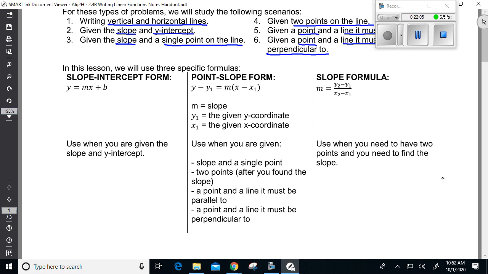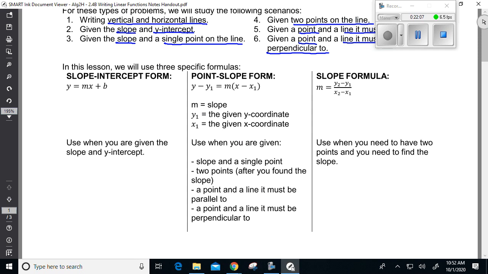So, in this particular lesson, we're going to heavily use 3 particular formulas. We've got slope-intercept form, y = mx + b. This is helpful when we have the slope and the y-intercept. Point-slope form, and as you can see, there's a laundry list of scenarios for that.